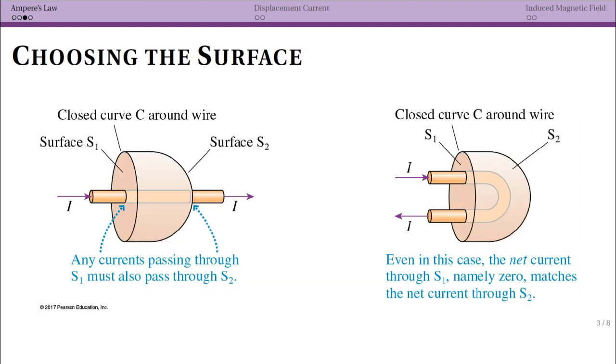Something that we didn't really talk about before when we learned about Ampere's law was how we define the surface. Again, remember that we have a closed loop, C, and we have our surface. Our loop in this case is here. Typically what we do is think about the surface as being the flat surface defined by that loop.